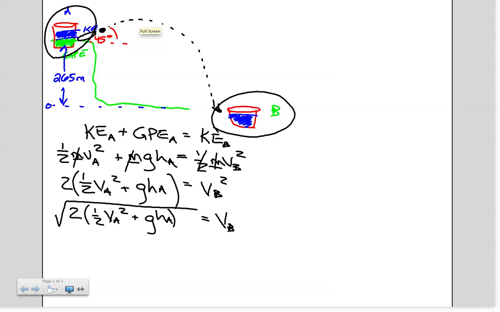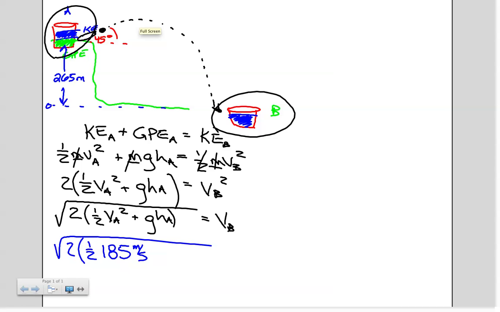Now in this last step, all I need to do is substitute. So I'll go ahead and put in my numbers. I'm going to get 2 times 1/2 the velocity at A. Now the velocity at A is given to me. It's this huge number, 185 meters per second. So 2 times 185 meters per second.